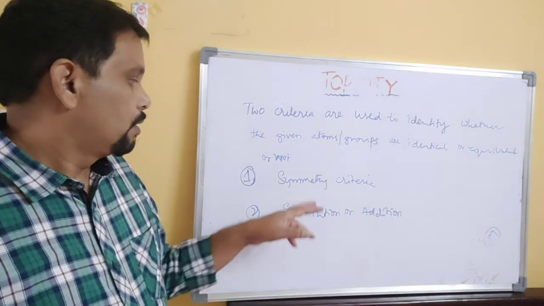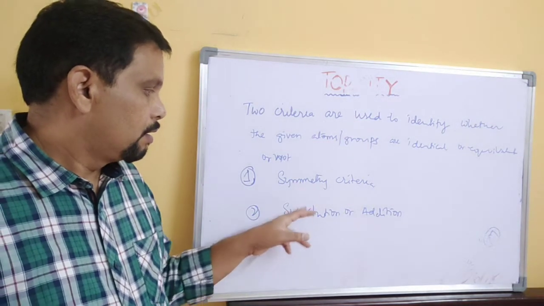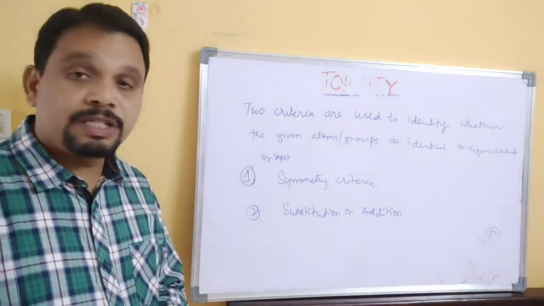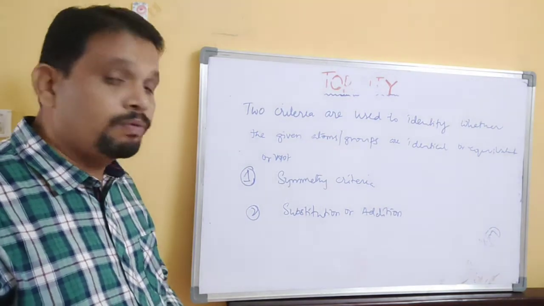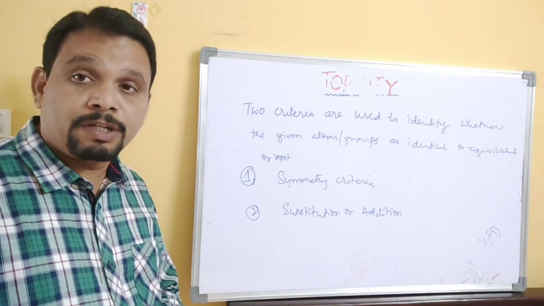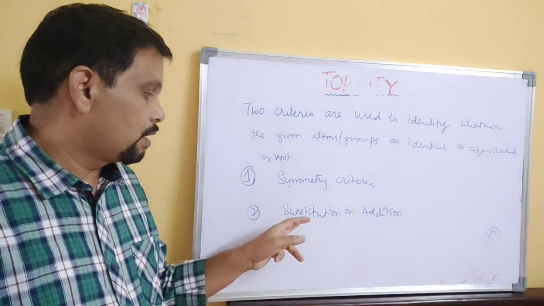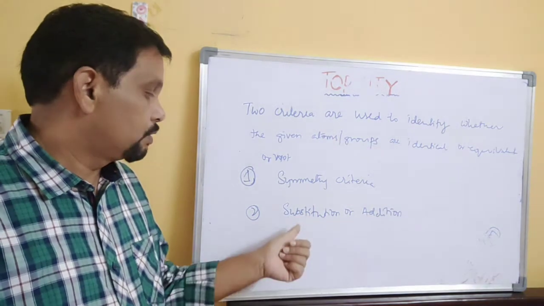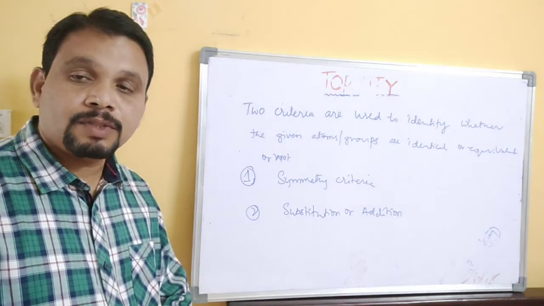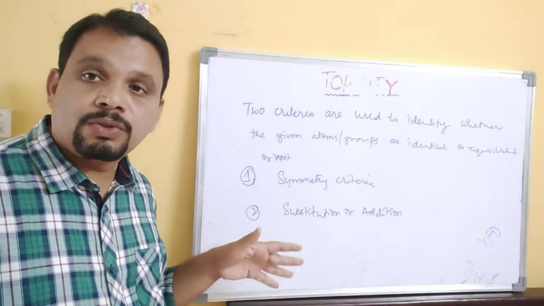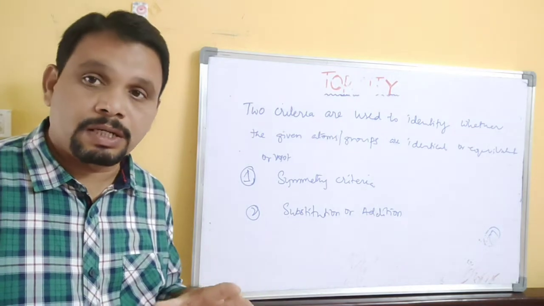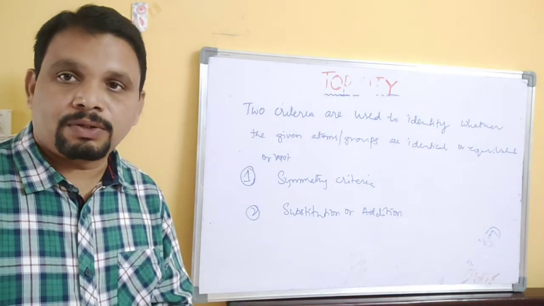Okay, so we can explain the symmetry criteria. What is the symmetry criteria? How can we identify whether they are homotopic or not? And I am going to explain the second criteria also, substitution or addition criteria: how we are going to identify whether they are homotopic units or not in a given molecule.